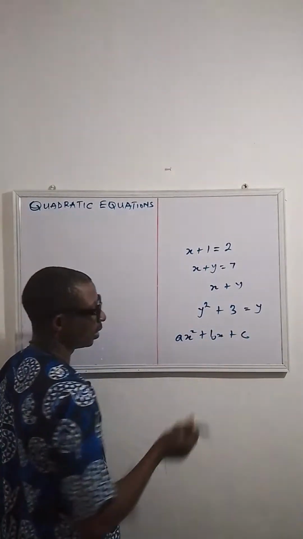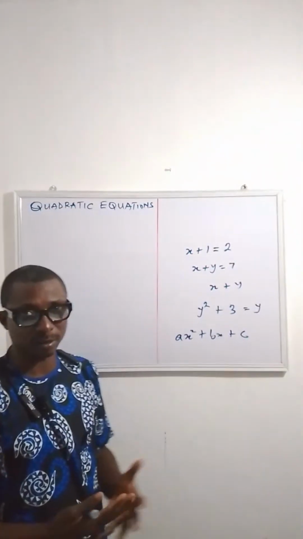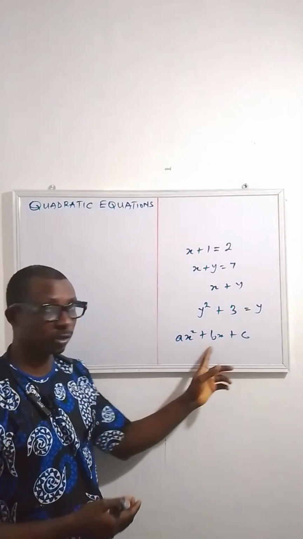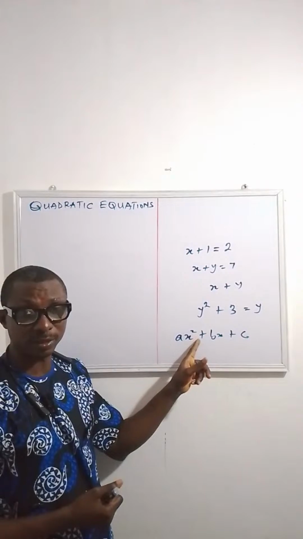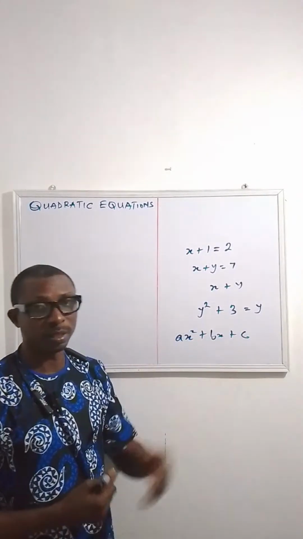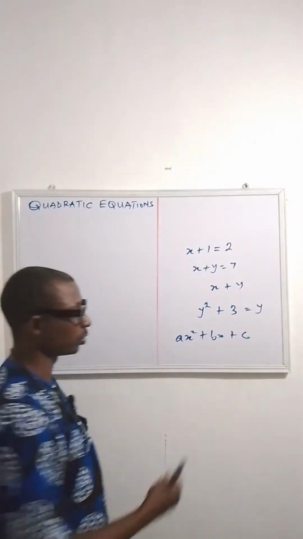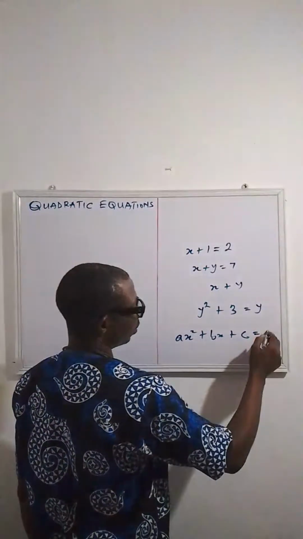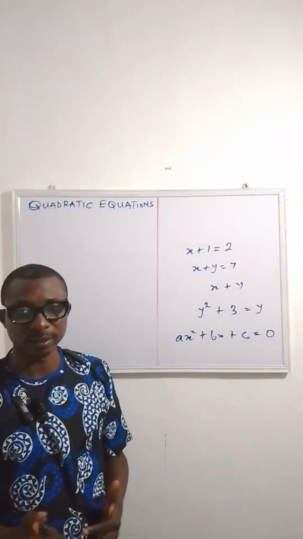Here a, b, c are constants and the variable is x. You can see the maximum power of the unknown is 2, so that makes it a quadratic expression. If I want to make it an equation, I just introduce an equality sign, and now this becomes a quadratic equation.